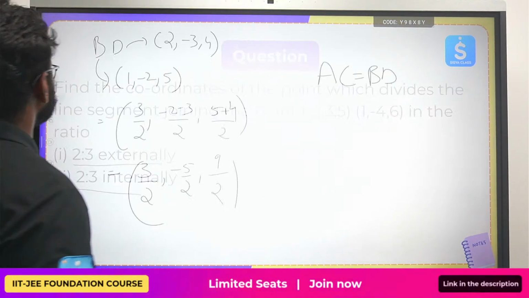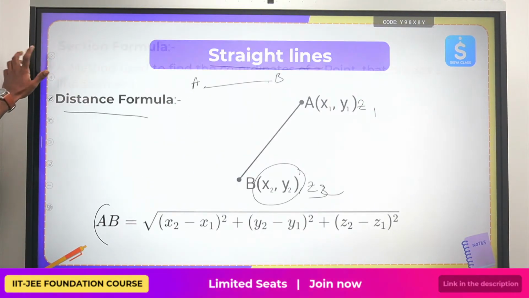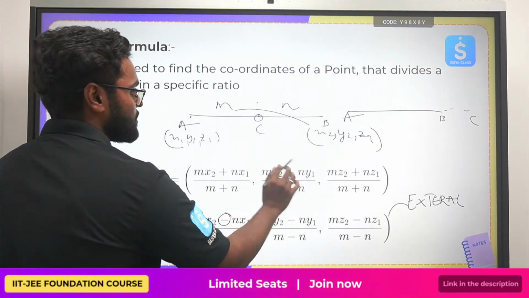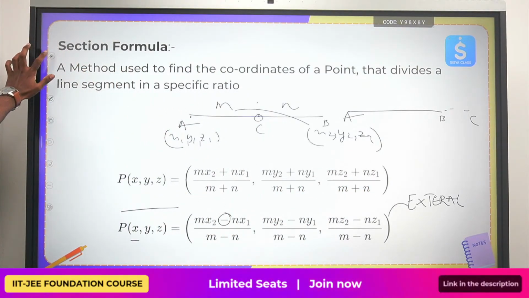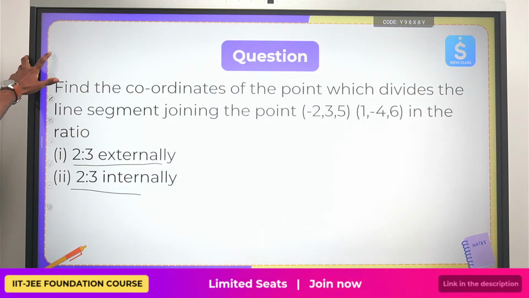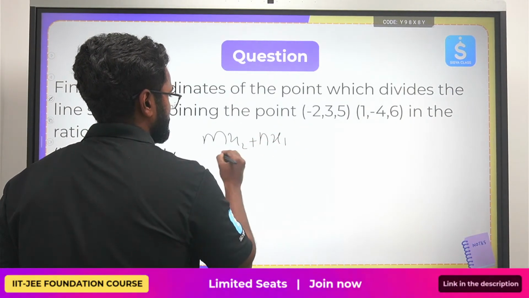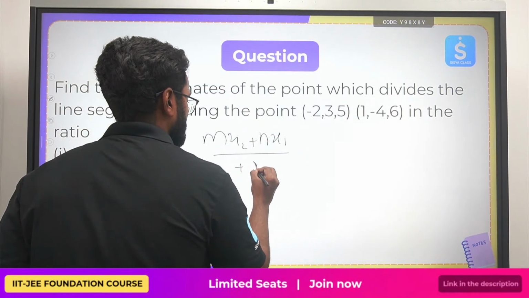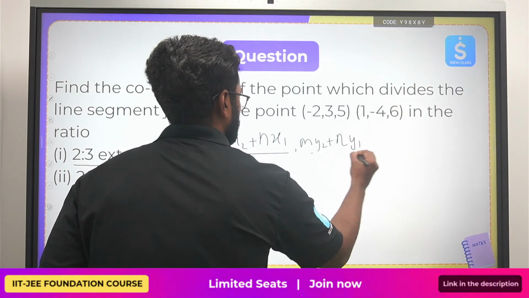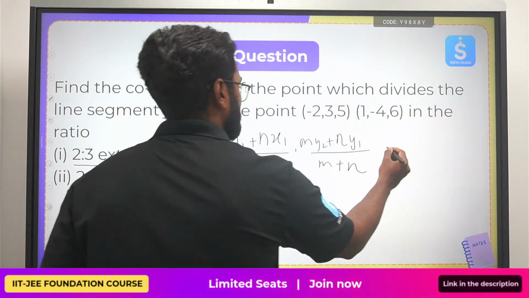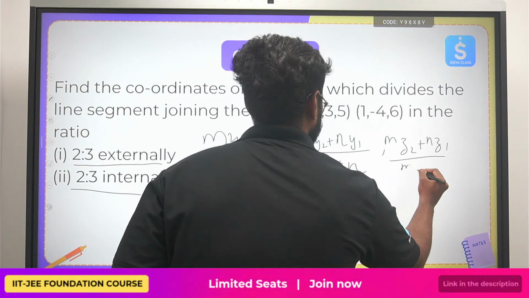We know the formula, right? mx2 plus nx1 by m plus n, comma my2 plus ny1 by m plus n, comma mz2 plus nz1 by m plus n. Let us apply this.